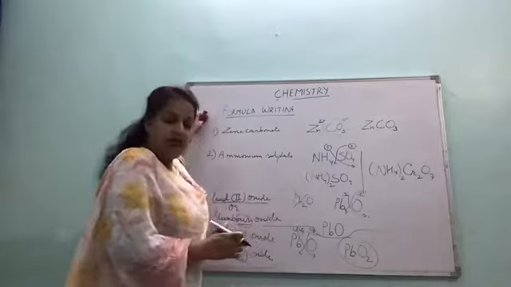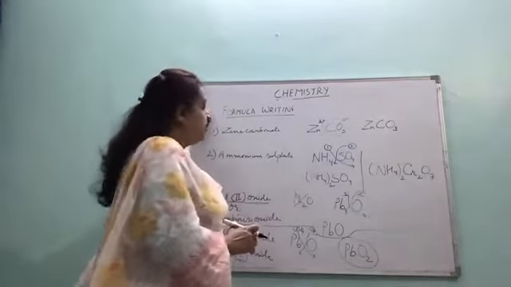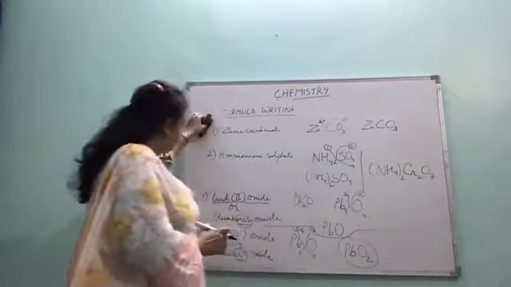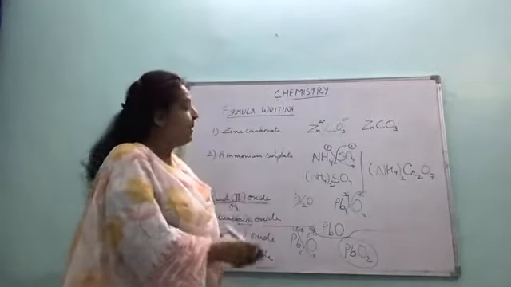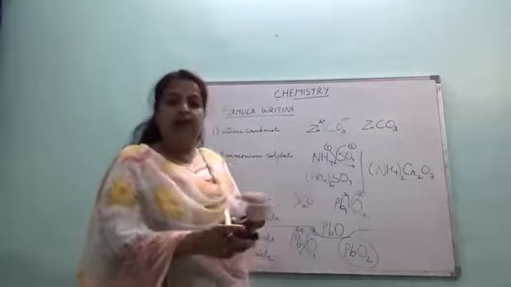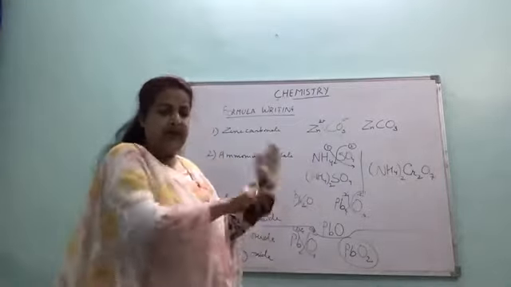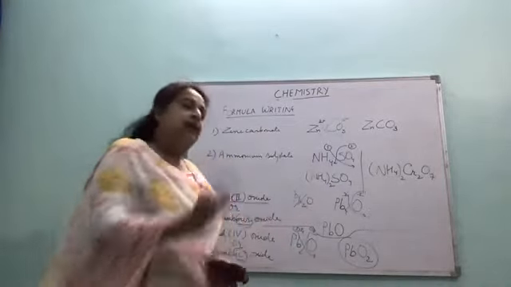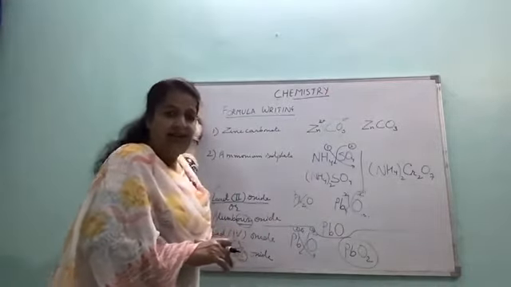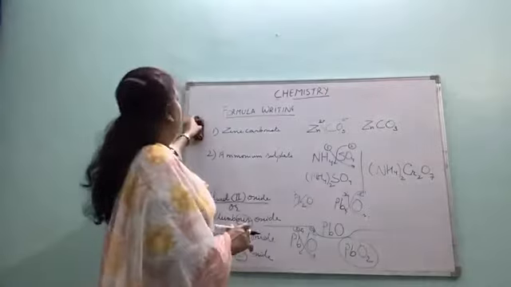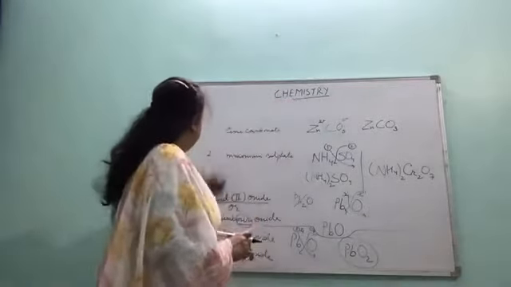I'll give you some questions also which you can do to see whether you have understood it or not. Alright, so if we know the valency, we are able to write any formula, any positive, any negative combination. Now vice versa. If the formula is there, can we find the valency? Okay, let's do that.